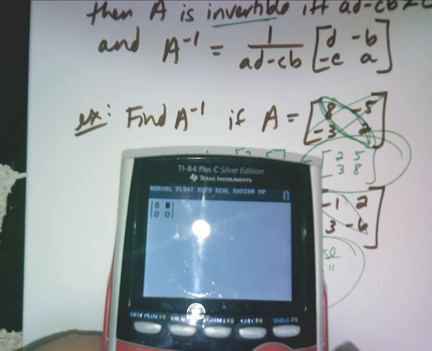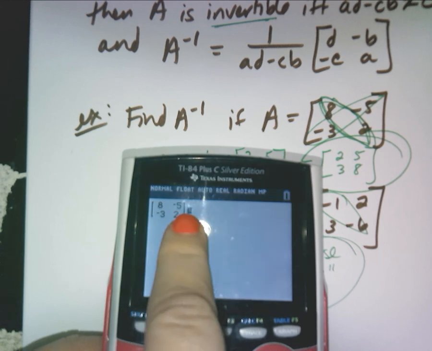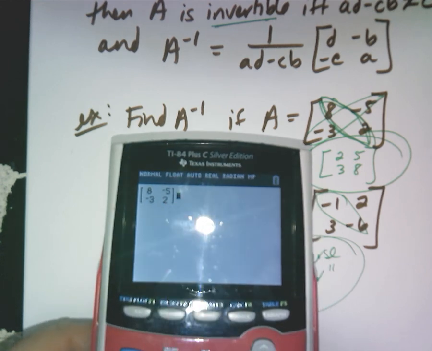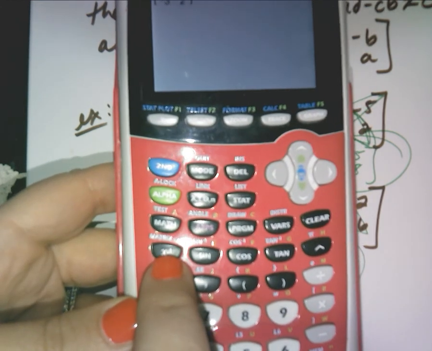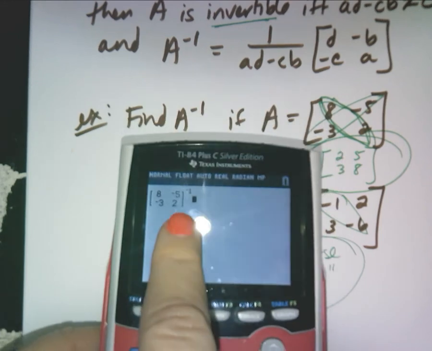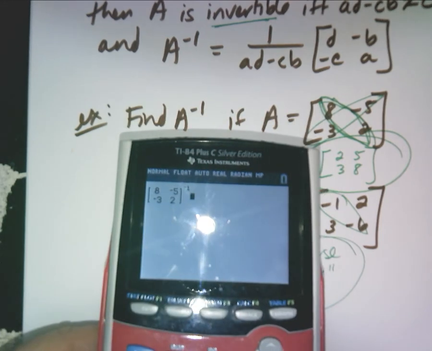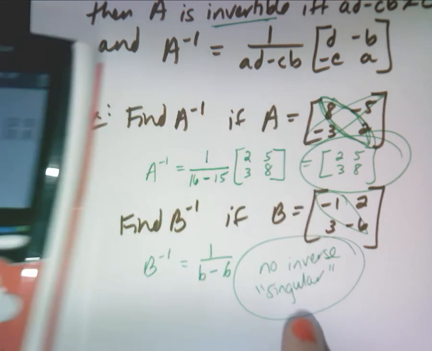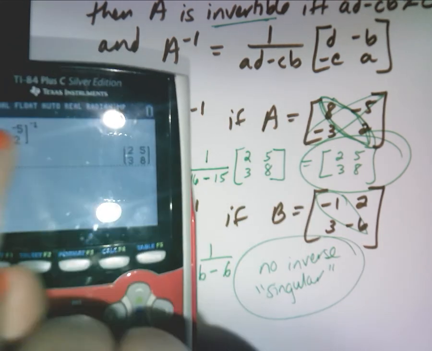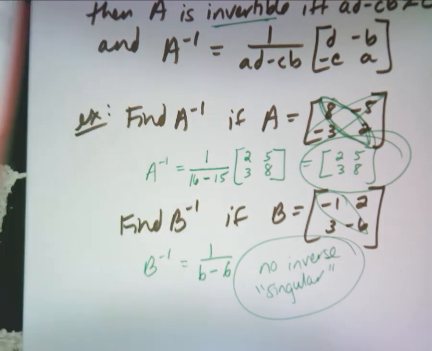So 8, -5, -3, and then 2. To find the inverse, you have to arrow over and then hit this x to the -1 button. So it looks like that, with that little -1 up there, hit enter, and then there's your inverse. If you did this one, it would actually say error singular matrix. That's all. And then you'd be done.